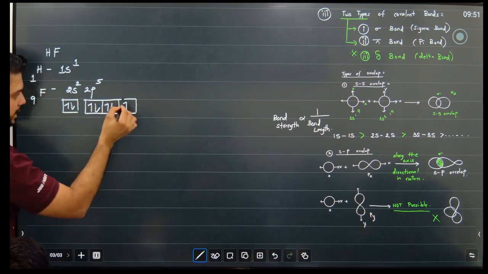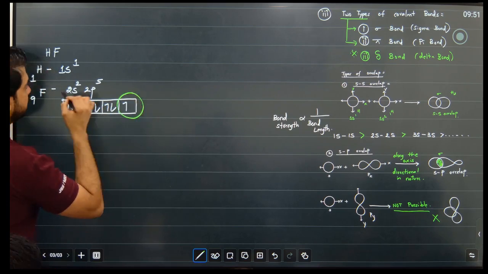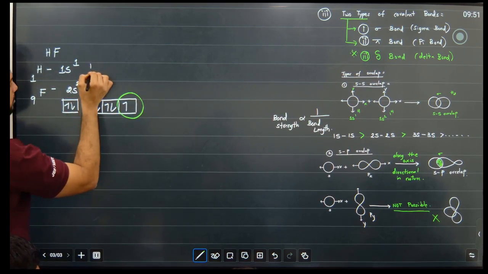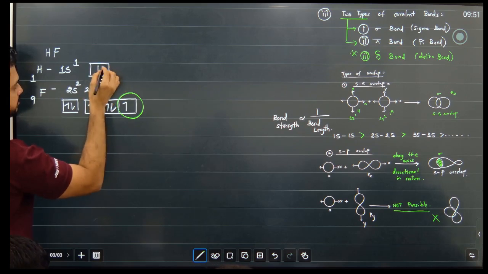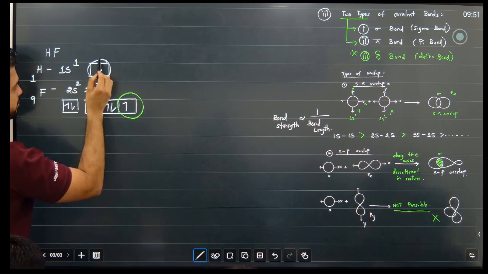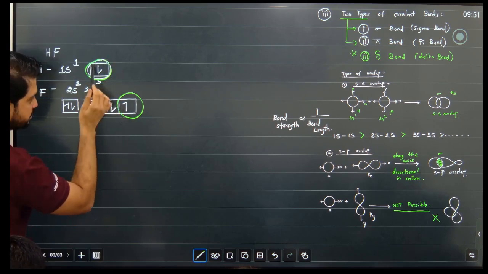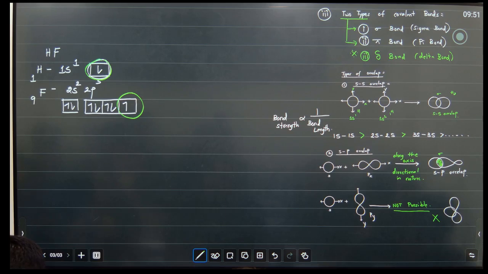So यहाँ पे आपका एक unpaired electron है and यहाँ पे ये हाइड्रोजन का एक unpaired electron है. Remember for them to overlap दोनों का spin should be opposite.